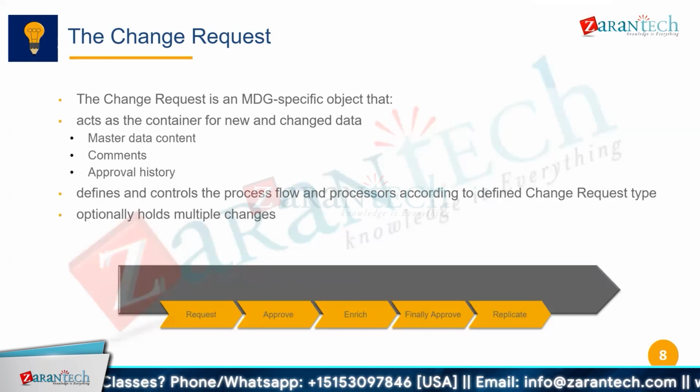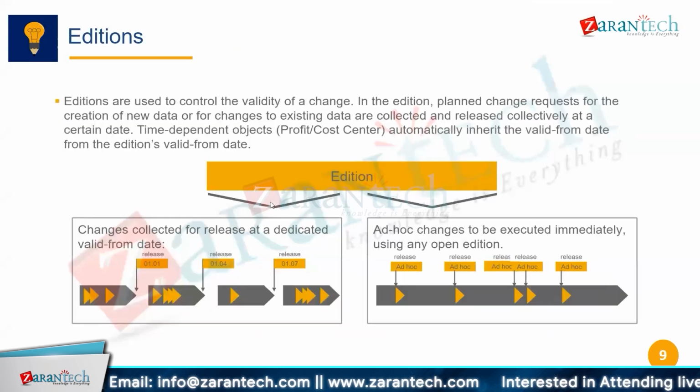Based on the edition, the validity and hierarchy process is different between reuse and flex. Here we will have request, approve, data enrichment, final approval, and replication. This is also common between reuse and flex. And editions, as I said, are used to control the validity of changes. In the edition, planned change requests for creation of new data or for changes to existing data are collected and released collectively.